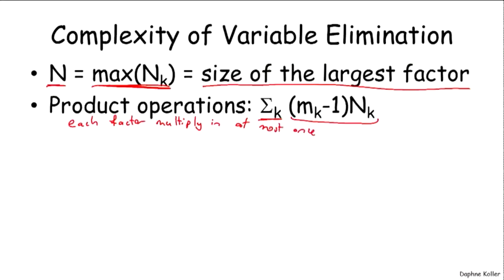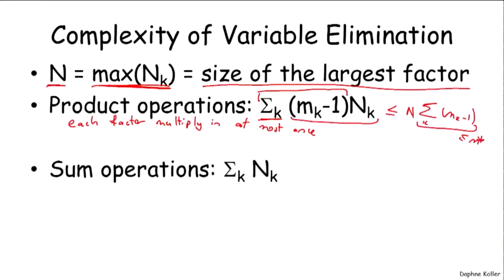Which means that the sum over k, mk minus 1, is at most the total number of factors. And so, said otherwise, we can write that this is less than or equal to n times the sum over k, mk minus 1, and this is less than or equal to m star, because this is at most the total number of factors in my universe of factors.